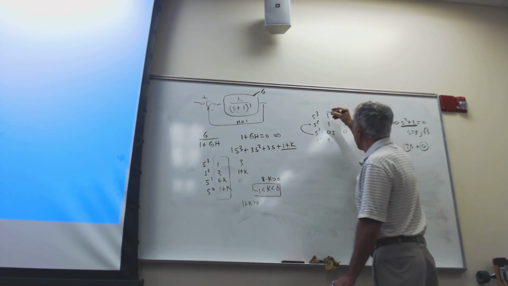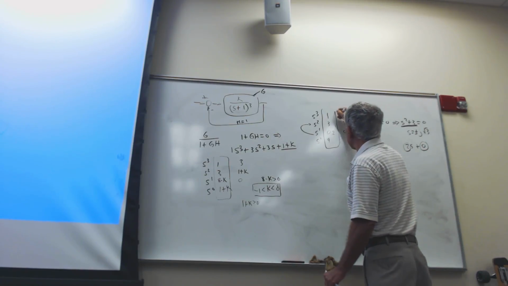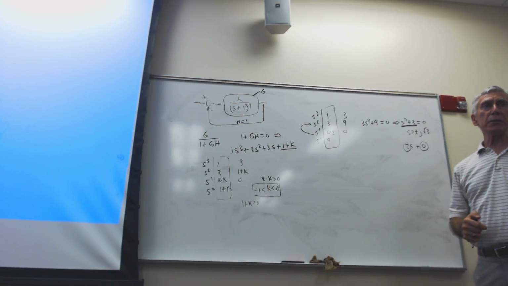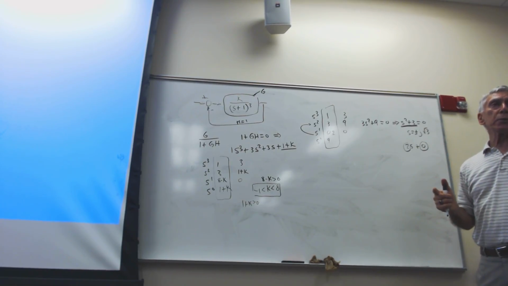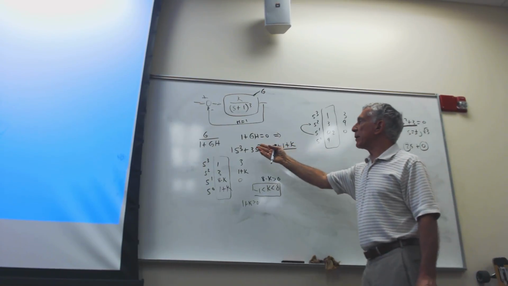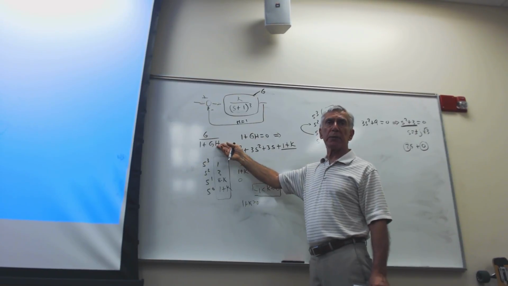Okay, and then we again look at the number of sign changes. There are no sign changes. That means no right half plane roots of the characteristic equation, which means that there are no right half plane poles of the closed loop transfer function.